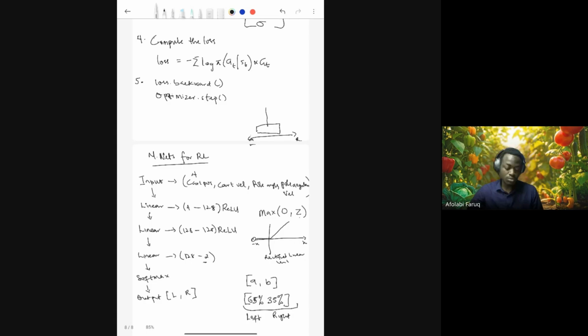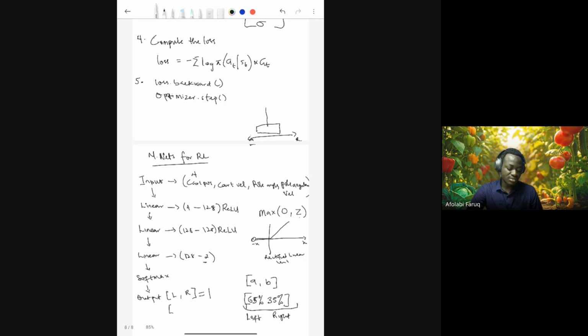Basically, I'm just using this percentage as an example. It's returning output probabilities, and the sum of the values it returns is going to be equal to 1. So it's not going to return 65.